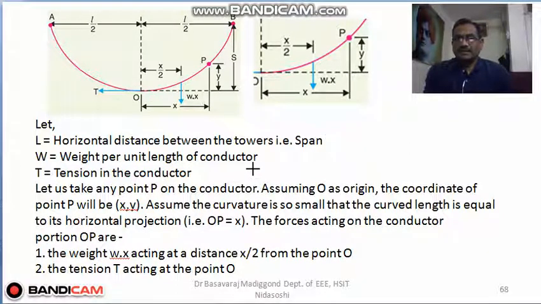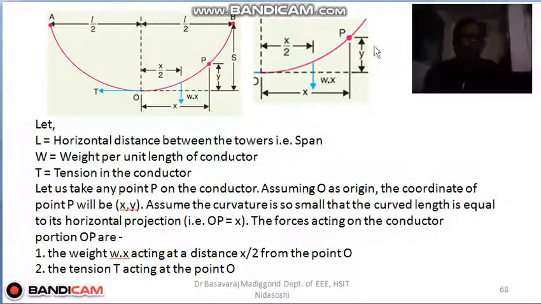Let us take any point P on the conductor. Assuming O as the origin, I have taken P, any point on the conductor. OP is our new line. So the coordinates of P are X, Y.